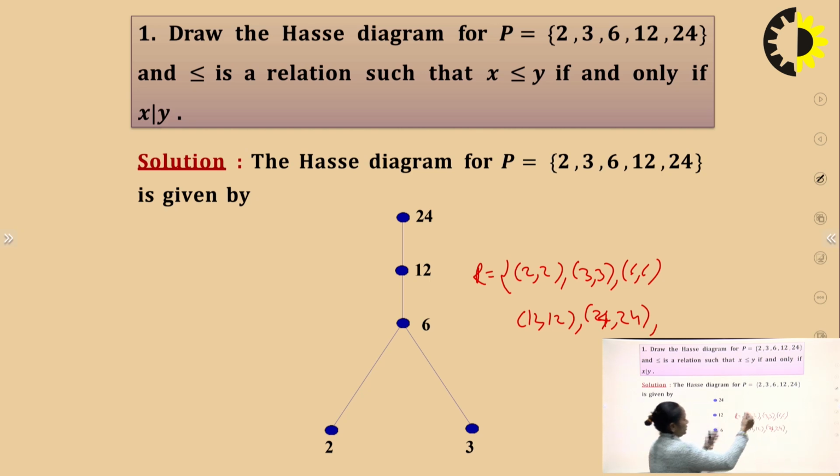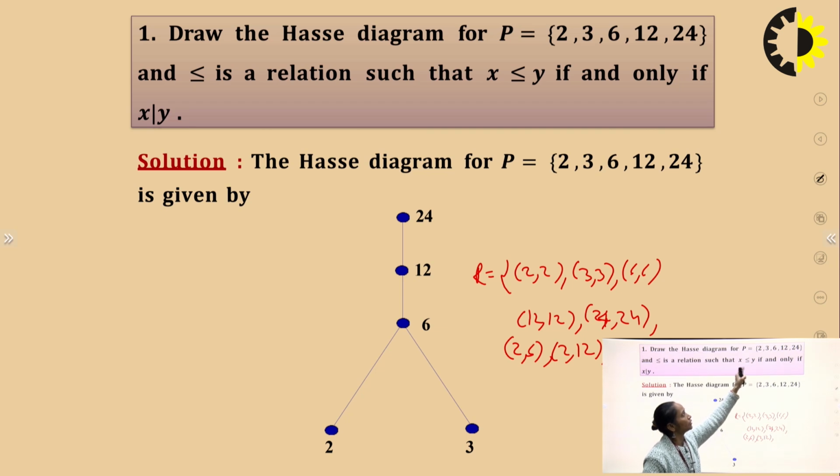Next, the relationship is divisibility. Can we consider (2,3)? No, 2 will not divide 3. 2 can divide 6, so (2,6). Is (2,12) a relation? Yes, 2 can divide 12, so we consider (2,12). Since the relationship is divisibility, that is why we are considering that type of relation.